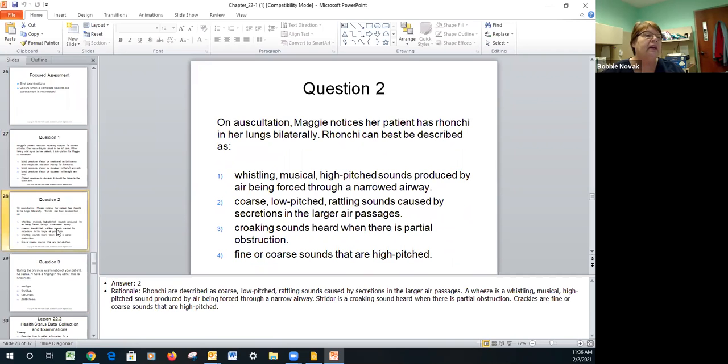On auscultation, Maggie notices her patient has rhonchi in her lungs bilaterally. How can those best be described?